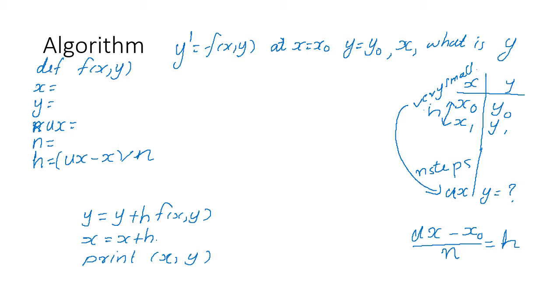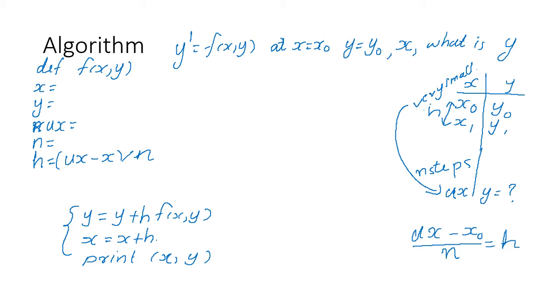Now the problem is, how many times do we have to repeat the steps? There are two possibilities. One is that you have n steps, so you can iterate n times. Or you can stop the process once you have reached ux. If you are at ux, you can stop, or if you are at some x1 or x2 which is not ux, you need to proceed further.